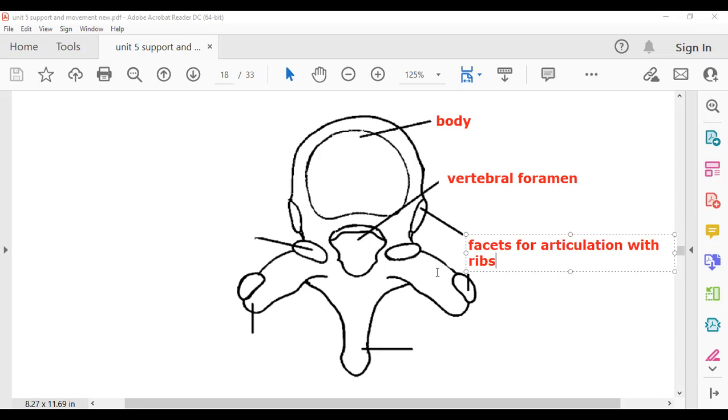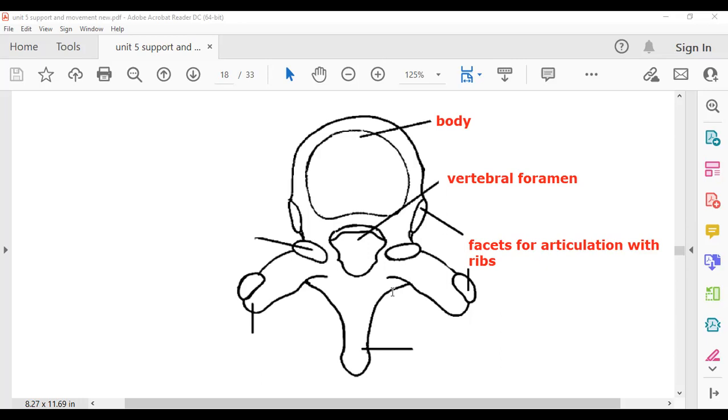One facet is in the transverse process and one facet is in the body. Two facets on one side. Of the two facets, one is in the transverse process, the other is in the body.